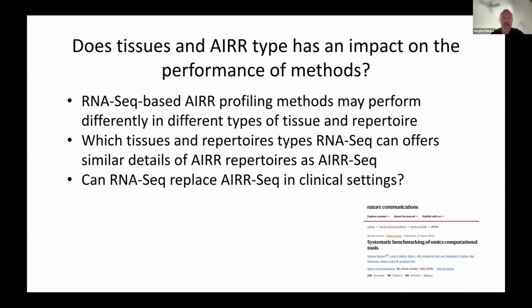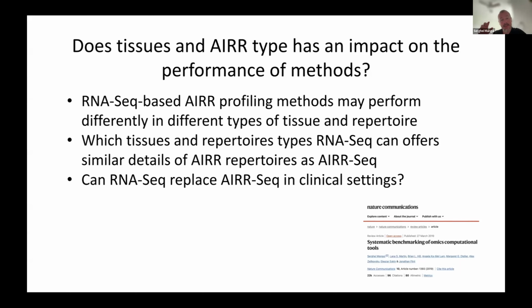In this case, we say, does what we do have any application in the clinical setting? Can we make a case? And this is what we have tried here. We said, will the tissue type and the repertoire type play a role in the accuracy? And under what condition can the results of our tool be used in some sort of clinical settings?